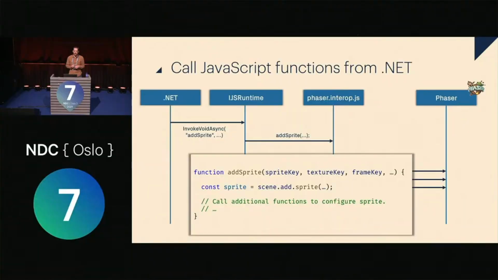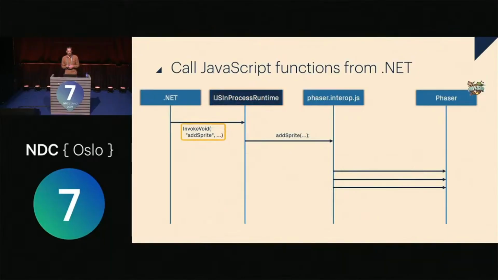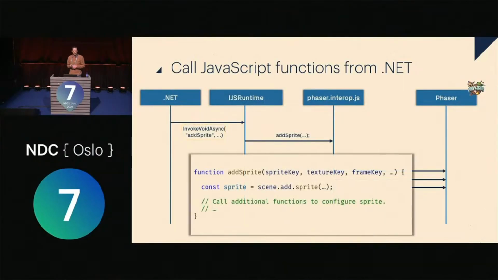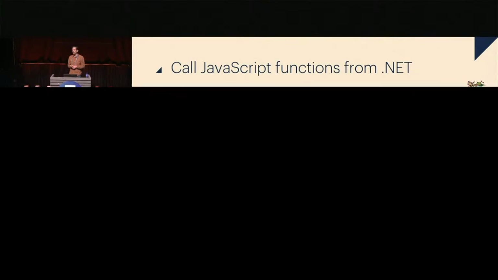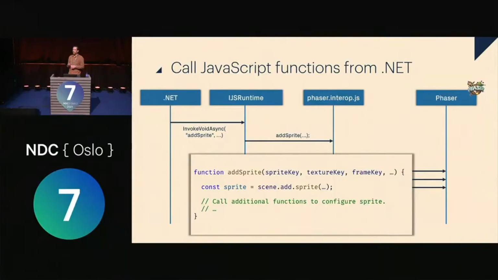So now for my .NET code, I can simply invoke this single function and I save a bunch of interop calls. And there's another optimization I can make here. If you look between .NET and IJSRuntime at the InvokeVoidAsync call, that's an asynchronous call. And the main reason that's async is to allow for Blazor Server scenarios. Because if your application is running on the server and you want to call JavaScript in the browser, you definitely need to call over the network.